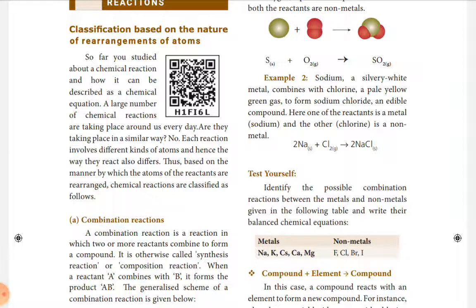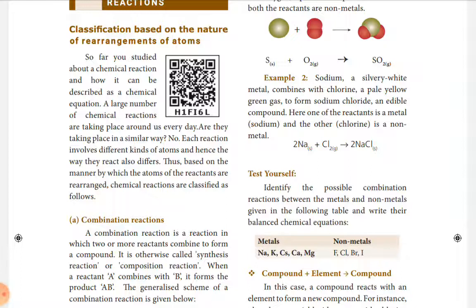Here the interchange of ions takes place between the reactants. This is also called metathesis reaction. Also there are two types: precipitation reaction, if a precipitate is produced during the reaction, and neutralization, normally when an acid reacts with a base to form salt and water. This is a simple type of neutralization reaction.